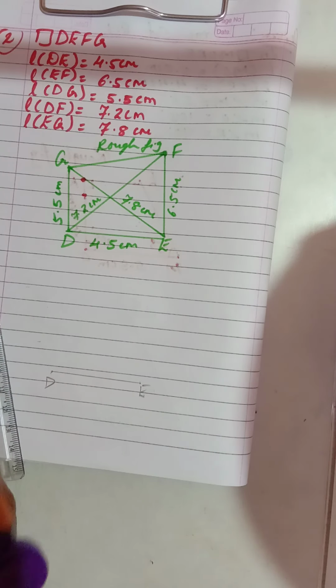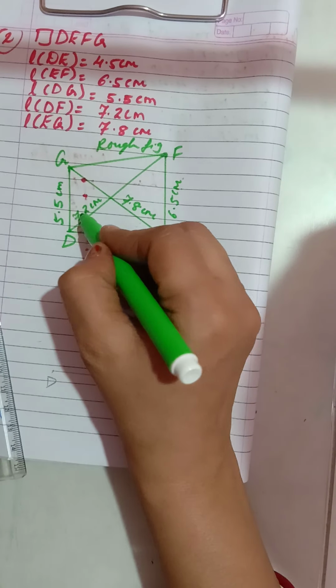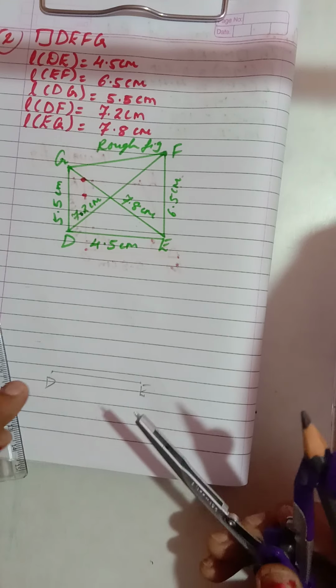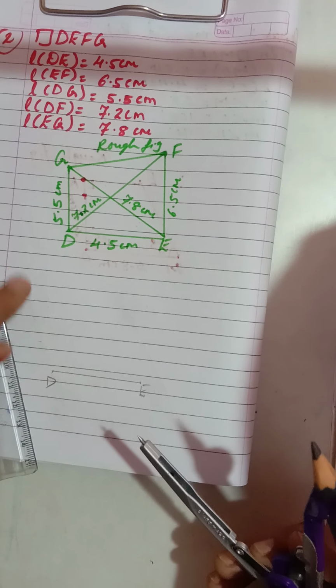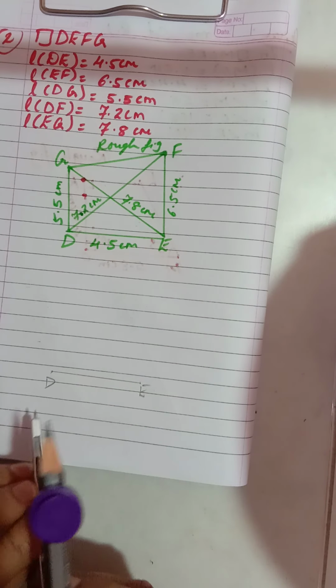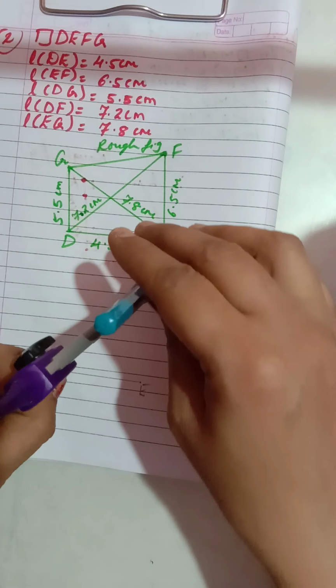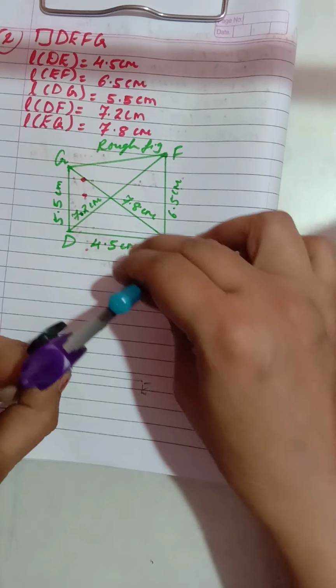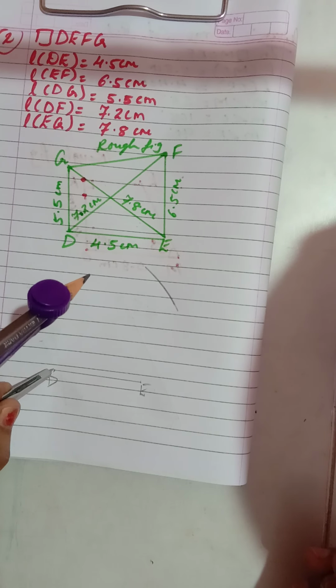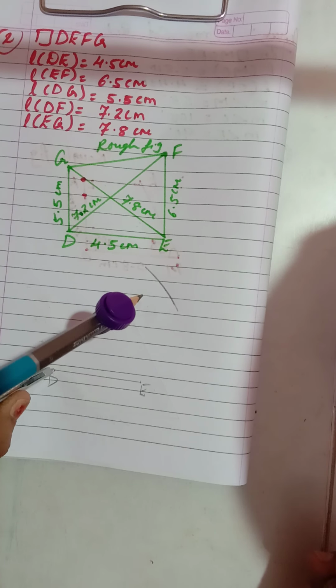Now this 7.2 centimeter is from which point? From D. Keep the end point of the rounder at point D and draw one arc.